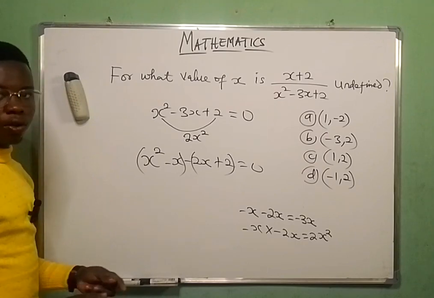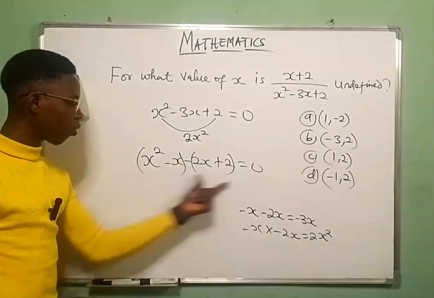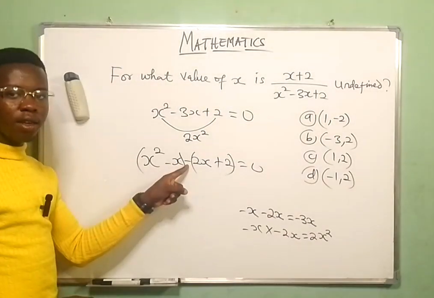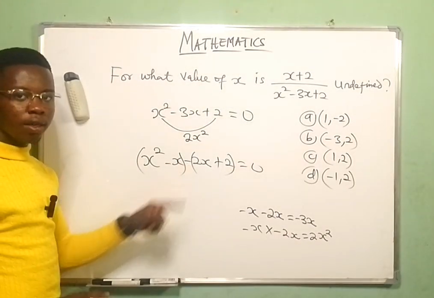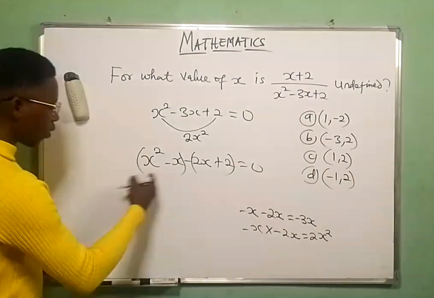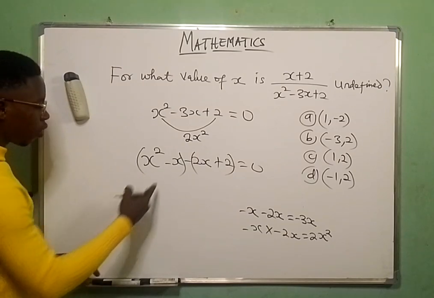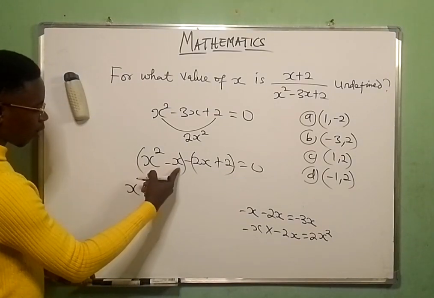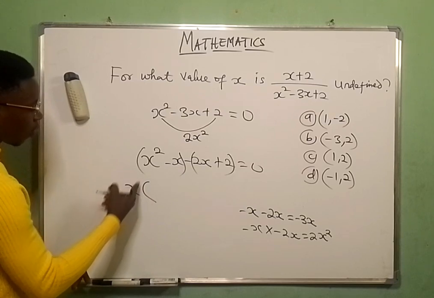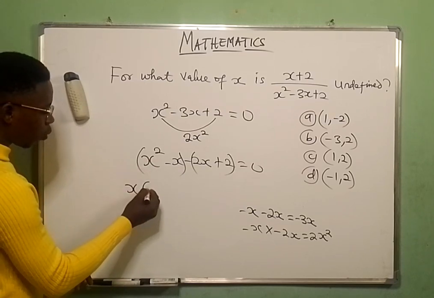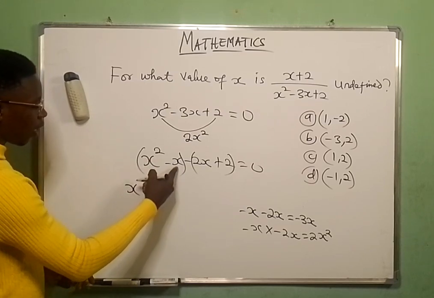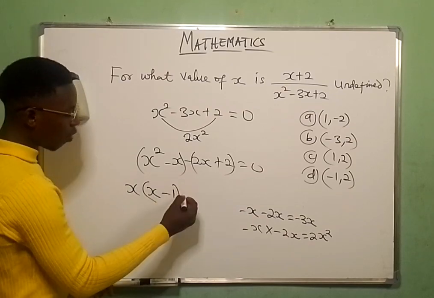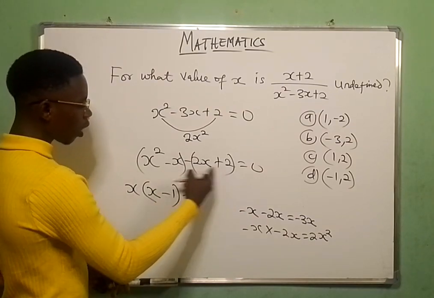Now, you close the two options in a bracket, leaving the middle sign. Now what do you do next? You factor out the common term. The common term here is x, because x can be found here, x can be found here. When you factor out x, x squared divided by x, we will be left with x, and then x divided by x will be 1. Now here you put your minus. What can we factor out here?